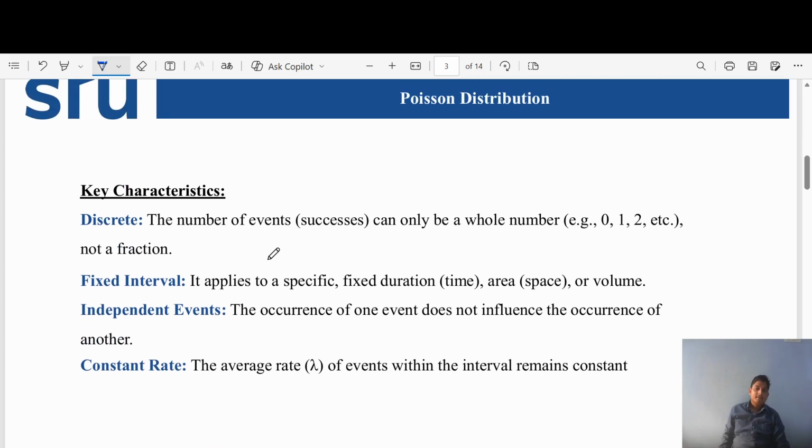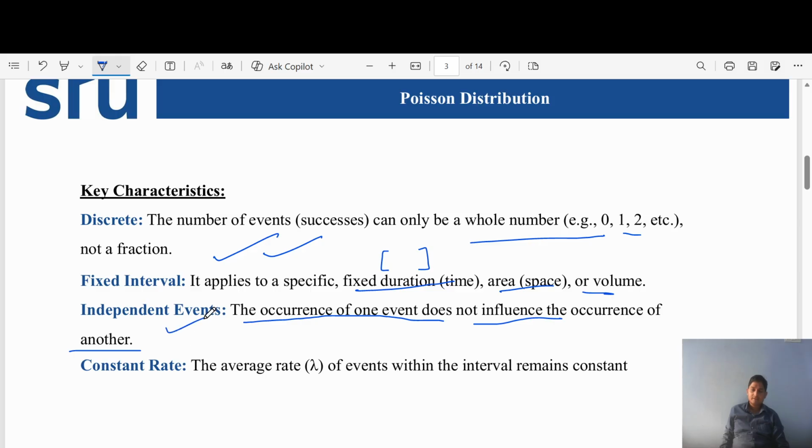So what are the key characteristics? This is a discrete type of probability distribution, so the number of events can only be whole numbers, meaning 0, 1, 2, 3, not a fraction and not a negative integer. Fixed interval means it applies over a fixed duration of time, area, volume, or some other interval. The occurrence of one event does not influence the occurrence of other events, meaning events are independent.